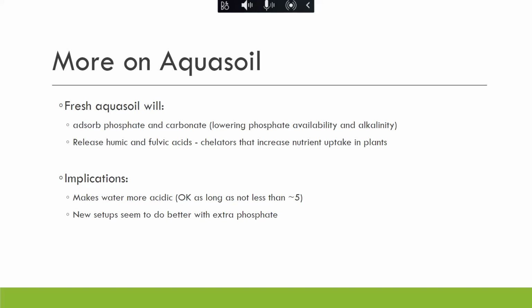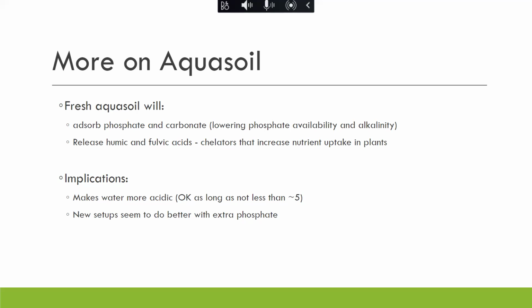Also you'll find that aquasoil will make your tank more acidic, again absorbing carbonate and also releasing humic and fulvic acids. Those are amazing acids. And I mentioned my semi-hydroponic houseplants previously.